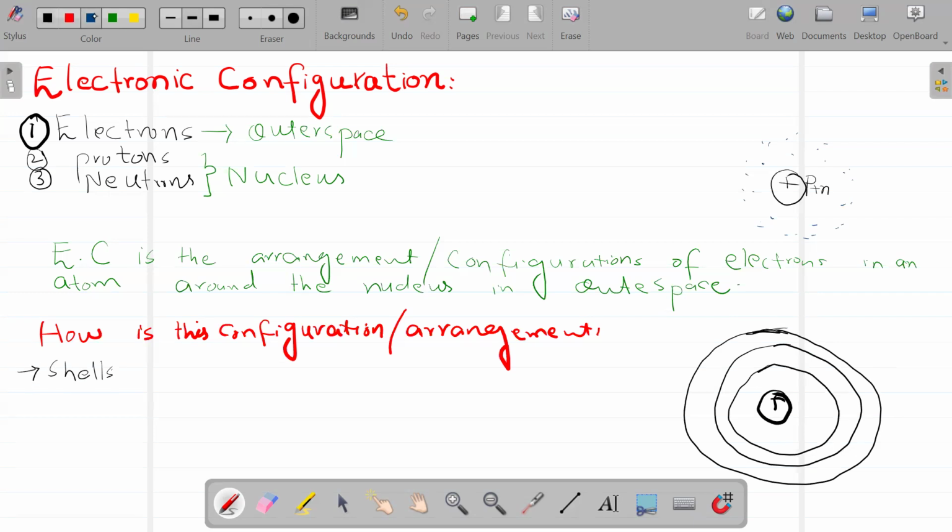We name them from K: this shell is known as K, this is known as L, and this is known as M, and so on. These shells are named K, L, M, and so on. Also, these shells have specific energies. Shell K, which is very close to the nucleus, has the lowest energy.